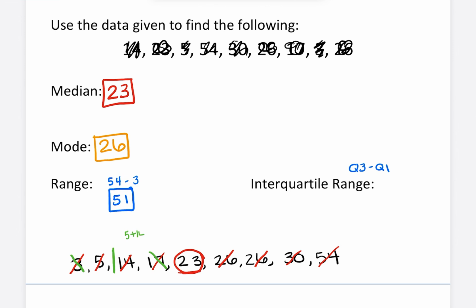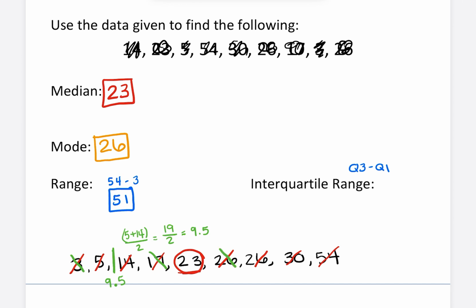So I would have to do 5 plus 14 divided by 2. 5 plus 14 is 19 divided by 2, and that is actually going to give me a decimal of 9.5. So 9.5 is what's between 5 and 14.